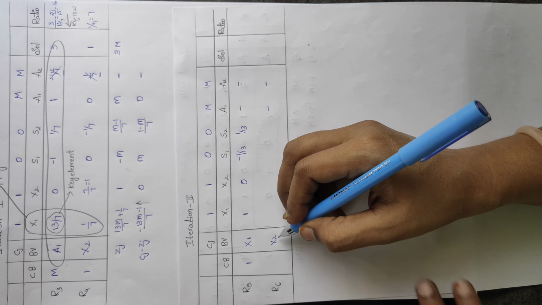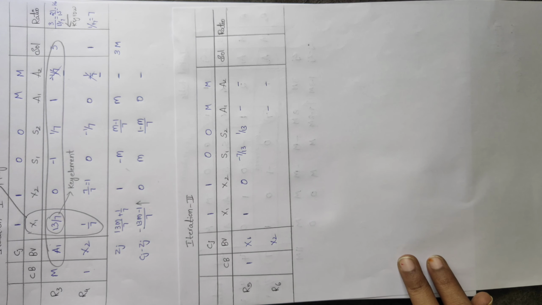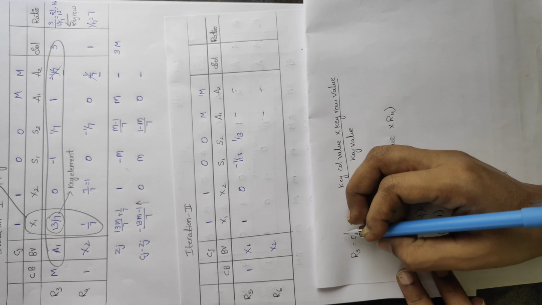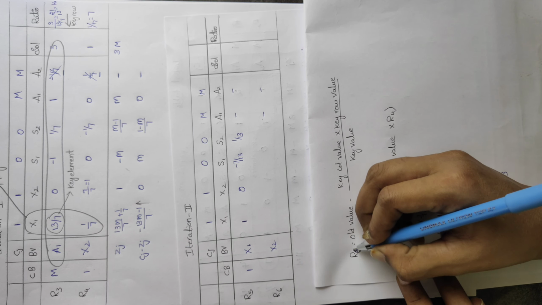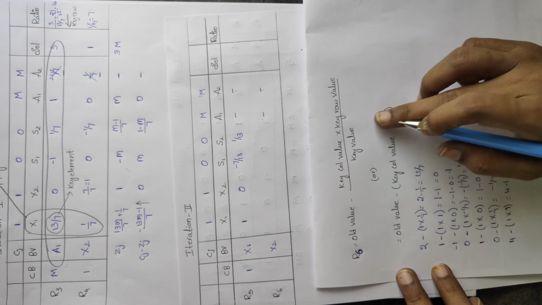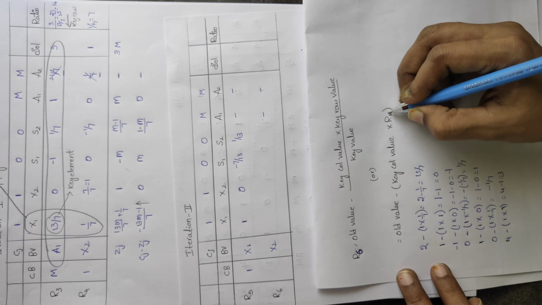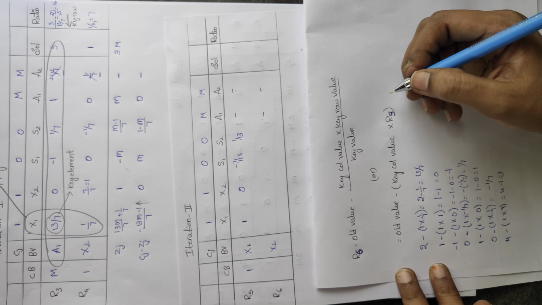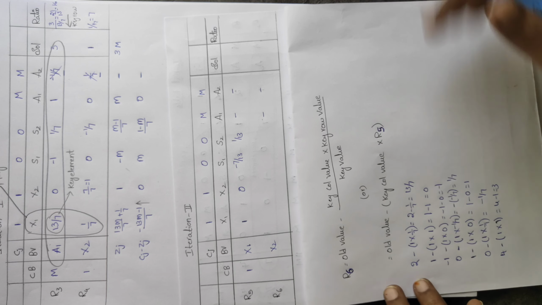For finding the x2 row, the same formula is there as for finding R6.